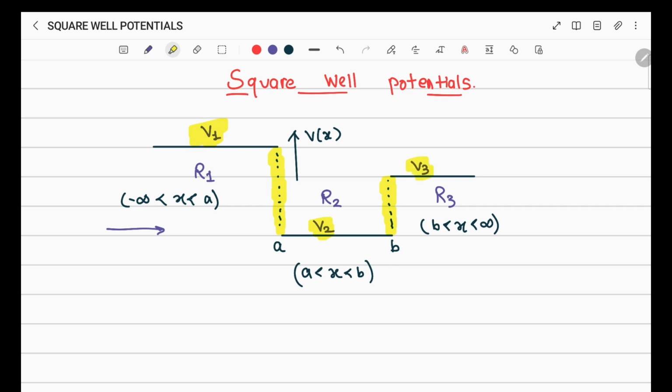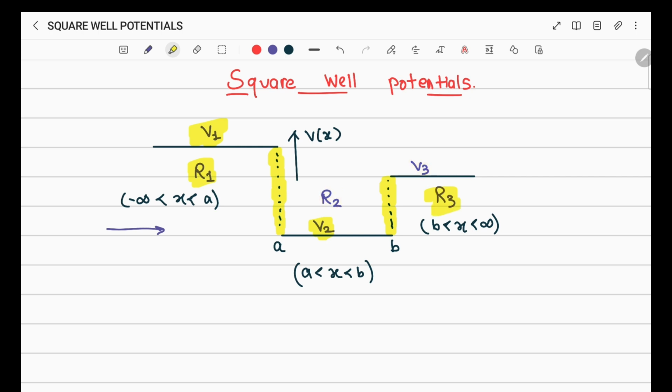This might keep on going, with the potentials changing, but this nature of potential is known as the square well potential. Basically it divides this one-dimensional space into particular regions. For example, here three regions can be seen: R1, R2 and R3.